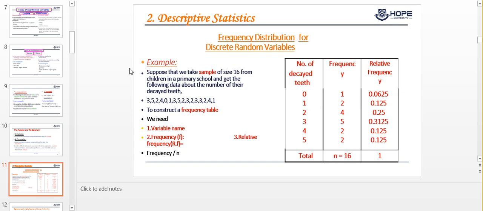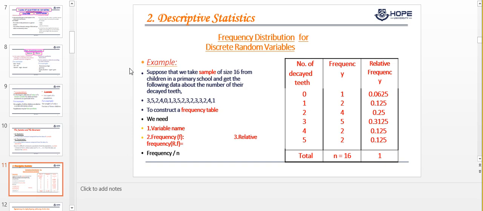So we have a total of 16 numbers of teeth decay. The first individual has 3 decayed teeth. The second individual has 5 decayed teeth, up to 16 numbers. We put those numbers into a frequency table using the variable name, the frequency number, and the relative frequency.